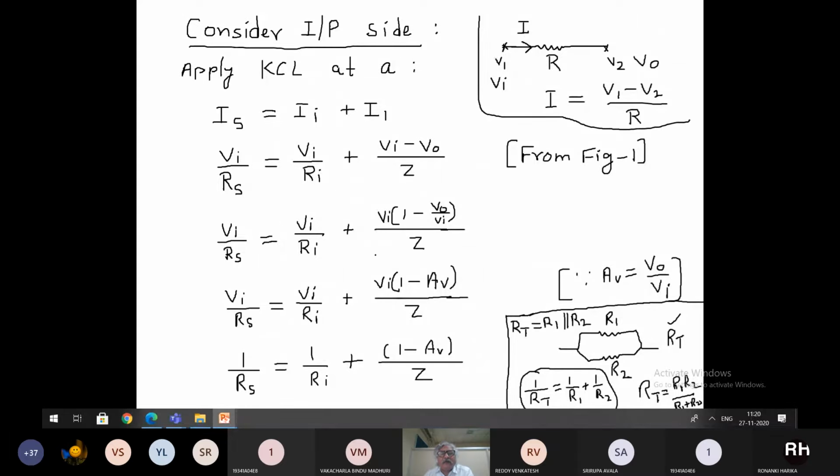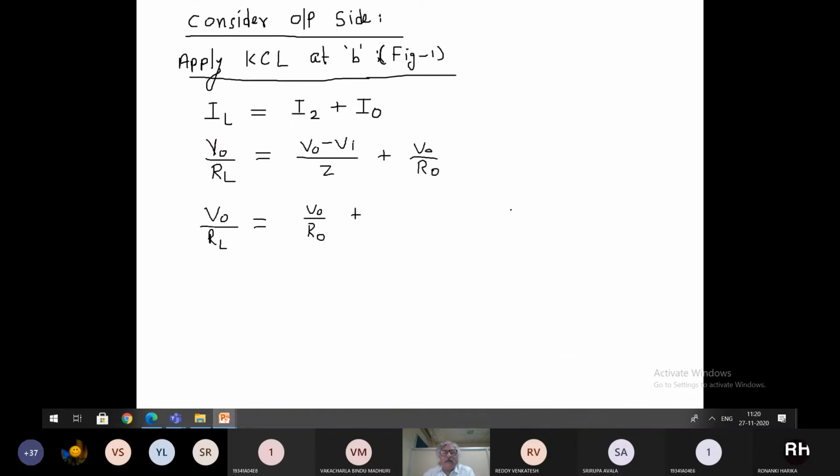Here I will take V0 common: V0 within the bracket, 1 minus Vi by V0, divided by Z, and this is equal to V0 by RL. Mute yourself, somebody has unmuted.